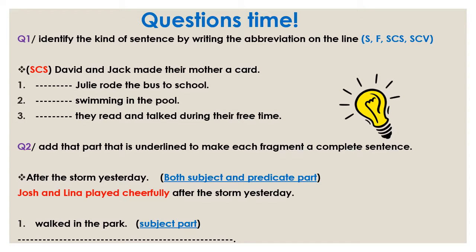How am I going to make it complete? By adding a part of my own, according to what they are asking from you. I'm asking for subject and predicate. So I'm going to say, Josh and Lena played cheerfully after the storm yesterday.